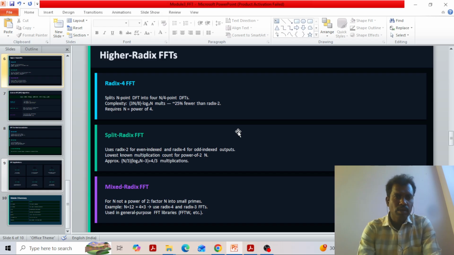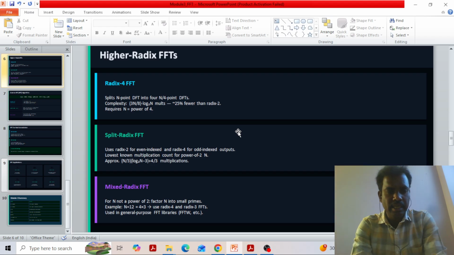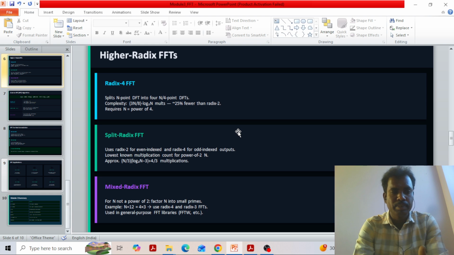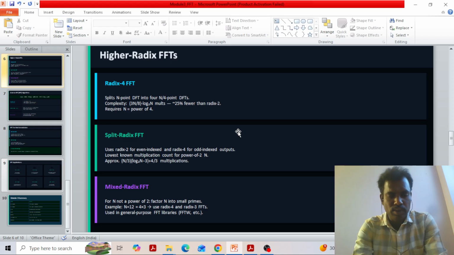By doing so, we get almost 25% fewer computations than radix 2. The constraint here is that the number of input samples must be a power of 4, so N is 4 power 1, 4 power 2, 4 power 3, 4 power 4 and so on.